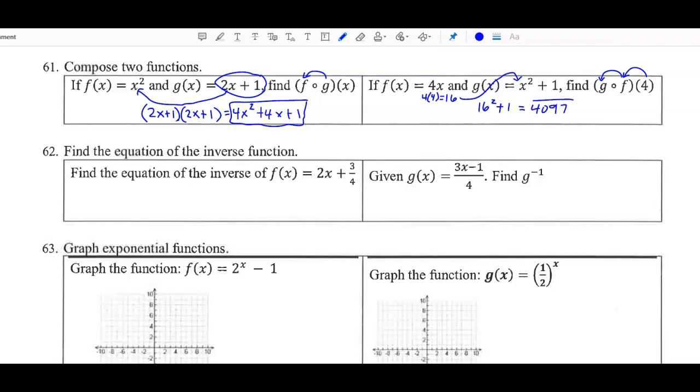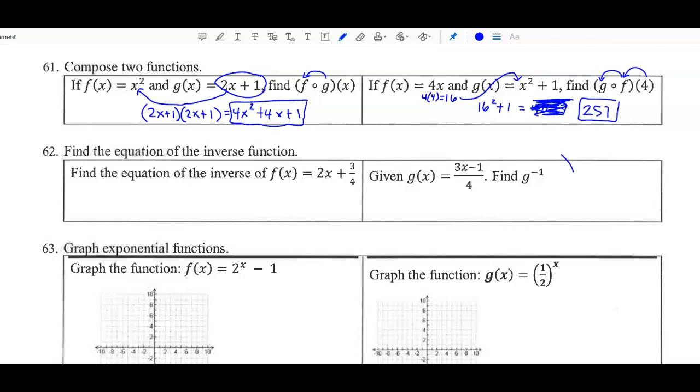That is not right. Hold on a second. Yeah, I was like, that is not correct. I don't know what my calculator had in there, but it was 256 plus 1, so that will be 257.